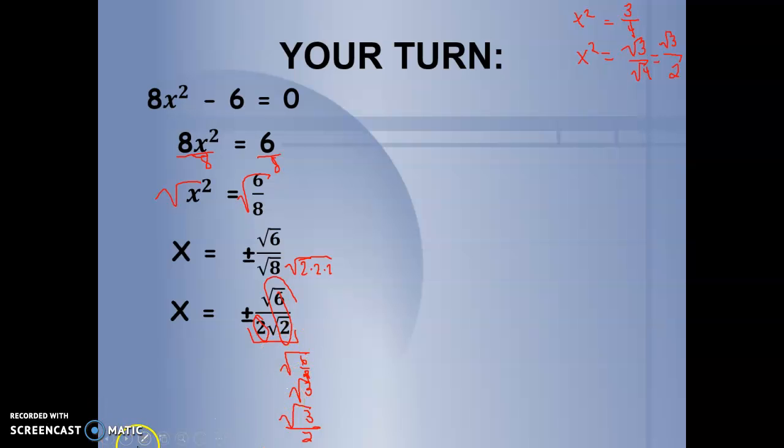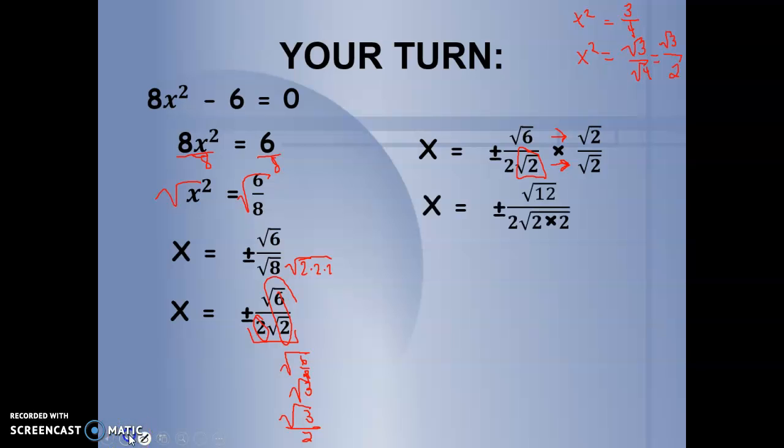If you don't do it that way and you want to rationalize your denominator, then because you have a root on the bottom, you're going to multiply this by square root of 2 to get rid of that root. And whatever you do to the bottom, you also have to do to the top, which gives a square root of 12 over 2 times root 2 times root 2.